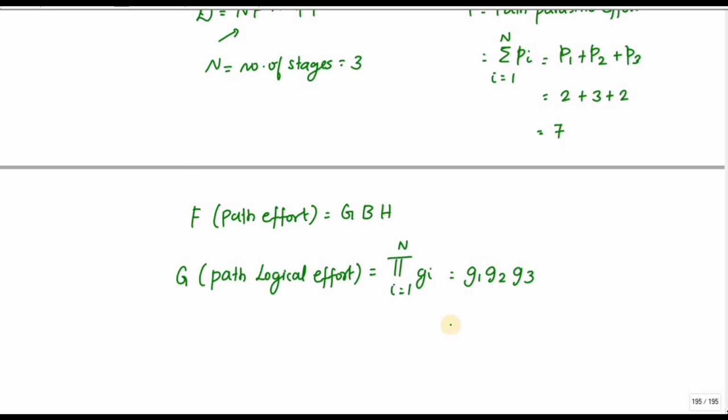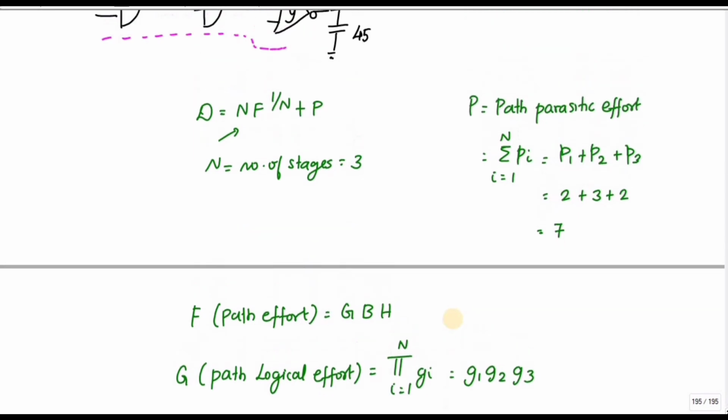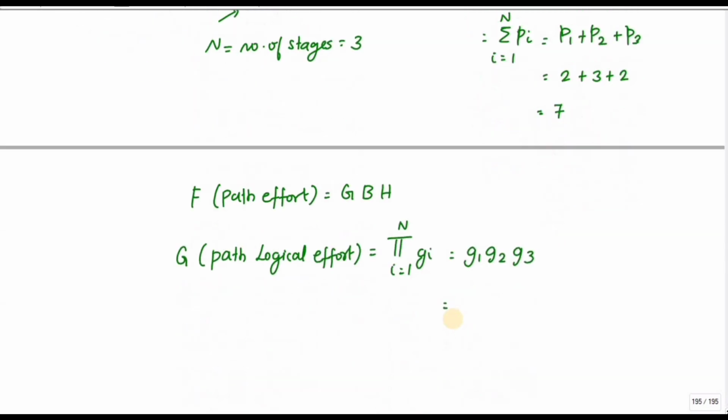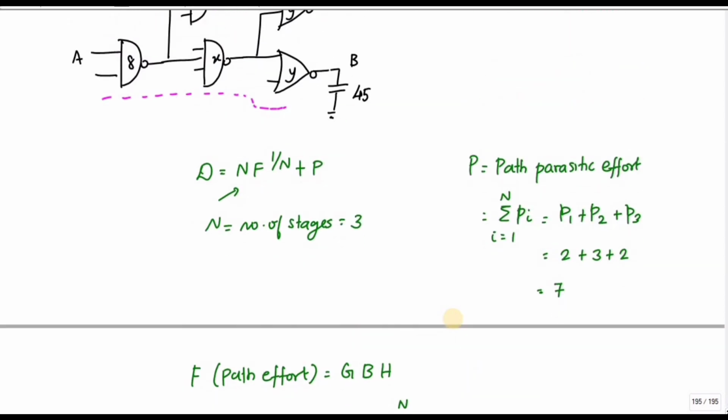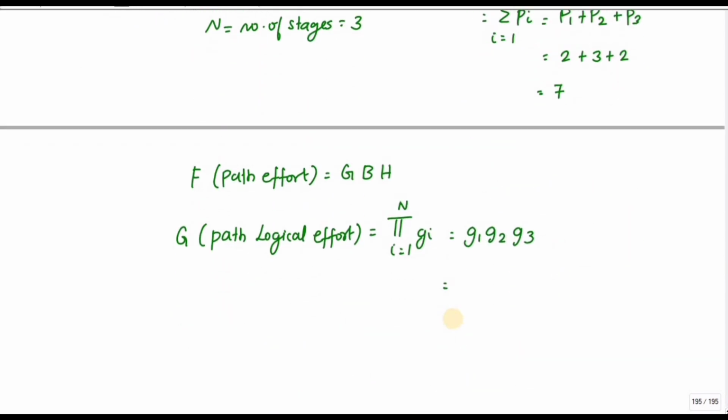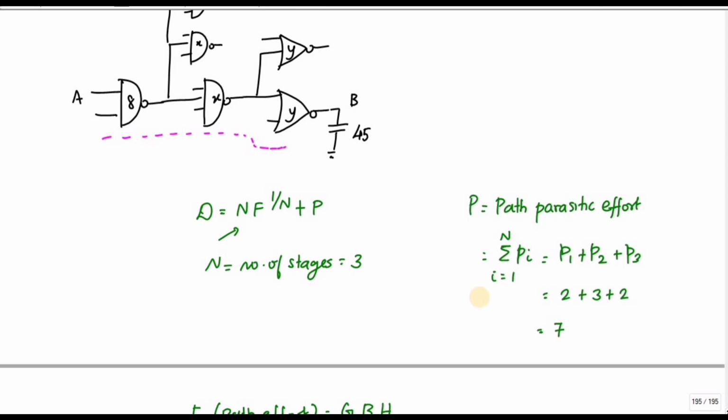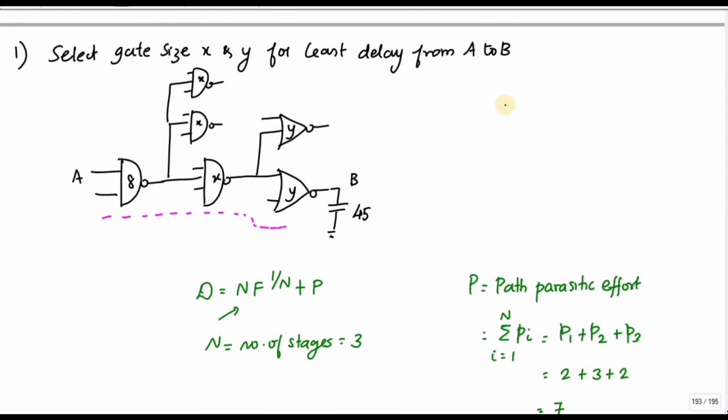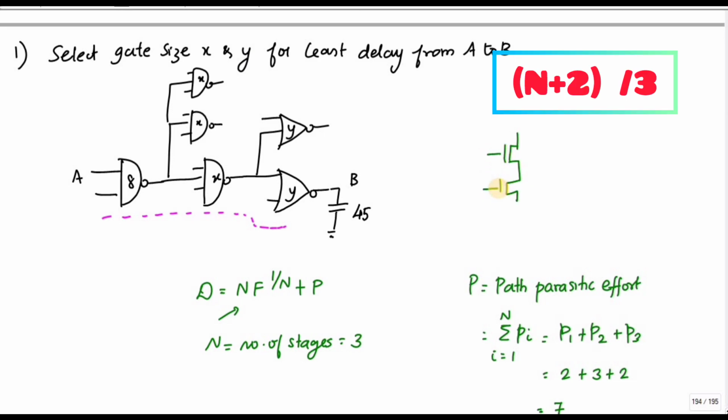For a NAND gate, the logical effort is 4 by 3. So how do we find this? This is a 2-input NAND gate.